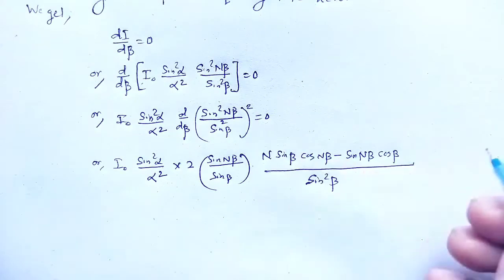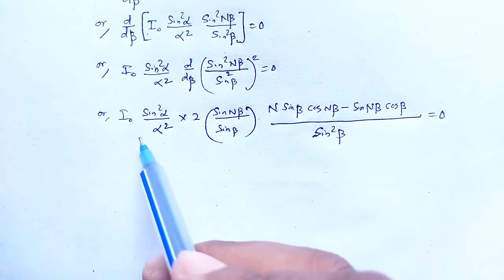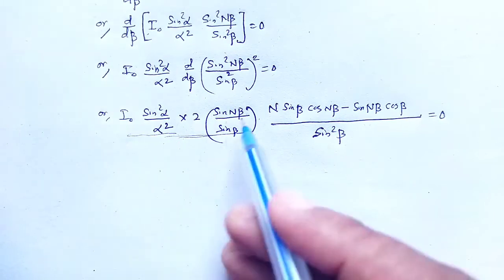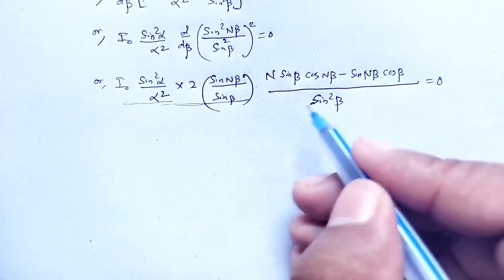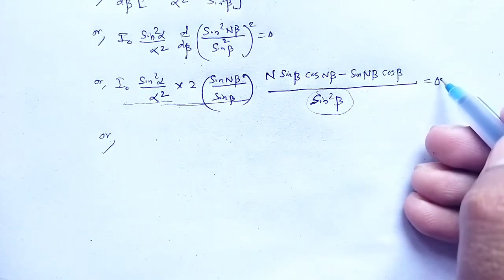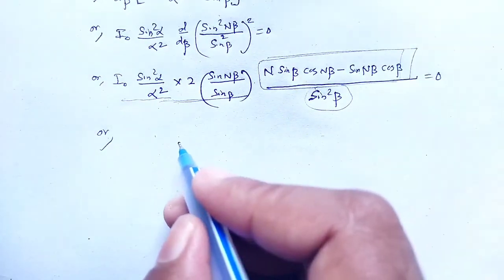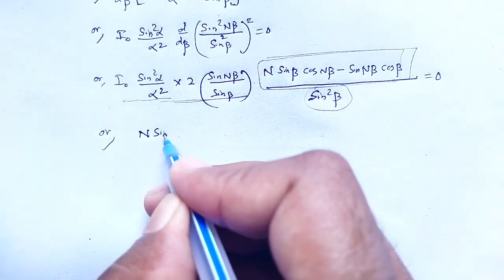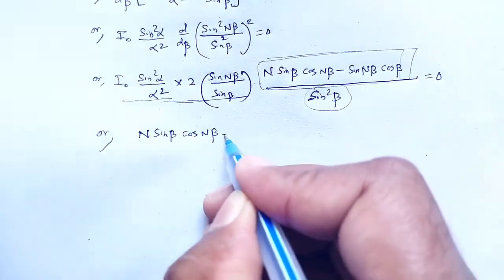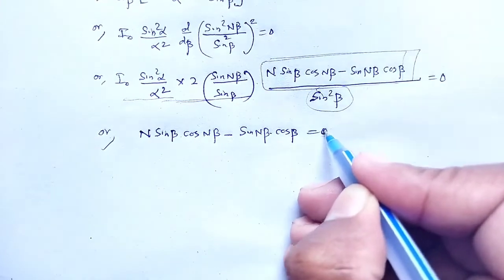Here sin square beta is not equal to 0, so that term is equal to 0. So, the entire term will be equal to 0, or n sin beta cos n beta minus sin n beta cos beta is equal to 0.